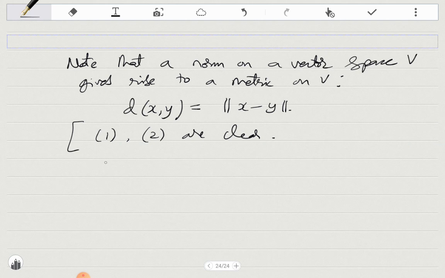As for the triangle inequality, what one wants to check is whether the norm of x minus y is less than or equal to the norm of x minus z plus the norm of z minus y. So we want this.